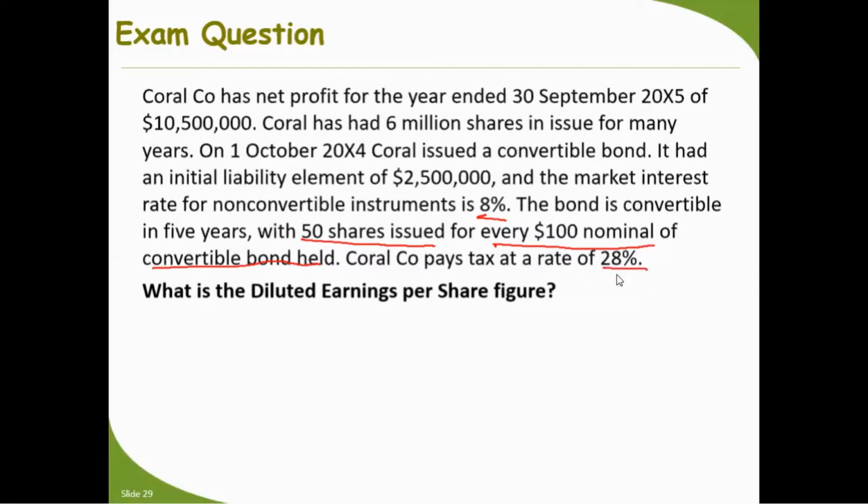It means you have EPS. So in that case, your profit attributable to ordinary shareholders is 10.5 million plus notional profit.